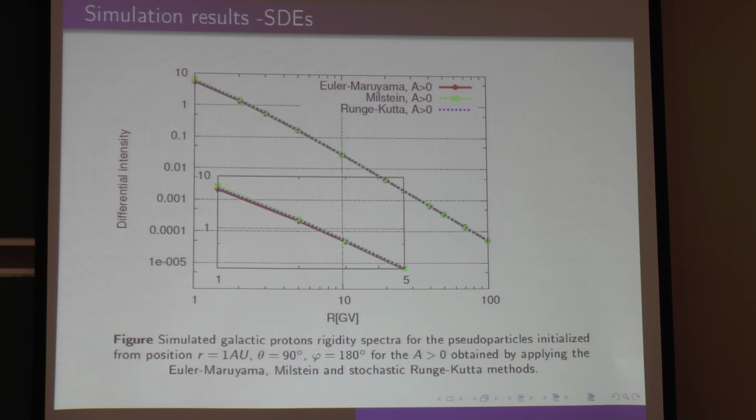Here we can see proton spectra for Euler, Milstein and stochastic Runge-Kutta methods, and we can see very good coincidence between them.